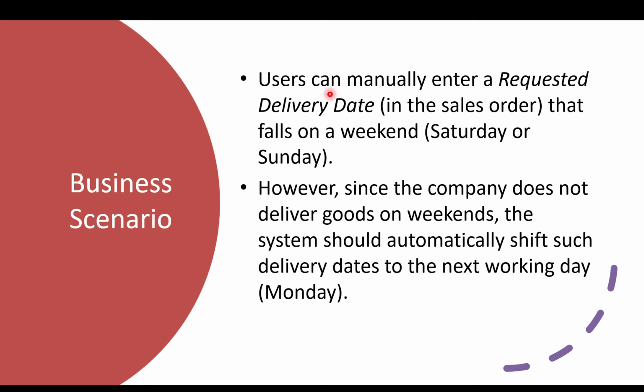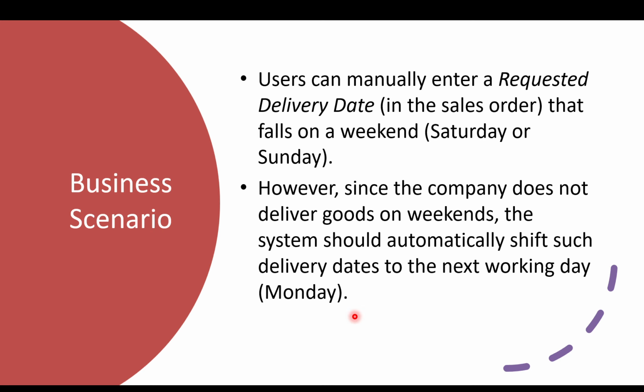So the scenario is users will manually enter the requested delivery date in the sales order, right? That might fall on a weekend, like Saturday or Sunday. But our company does not deliver goods or services on weekends. The system should automatically shift such a delivery date to the next working day, Monday. Let's say the delivery date is on Saturday.